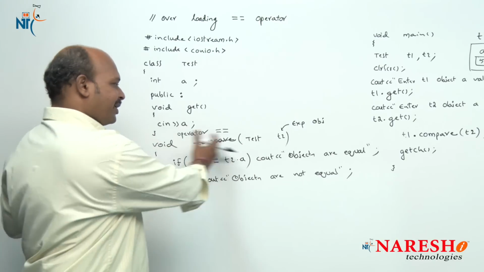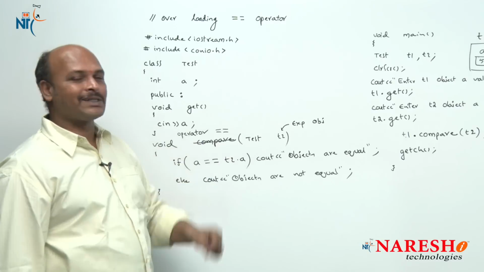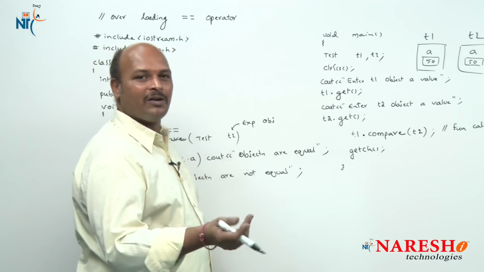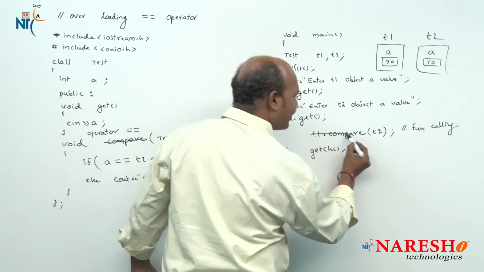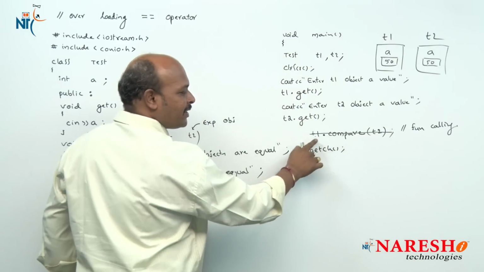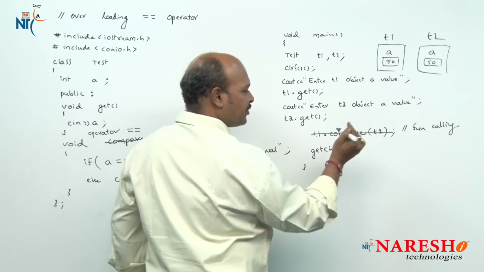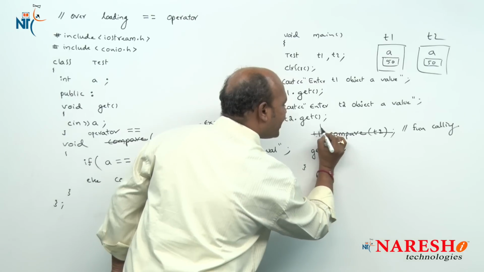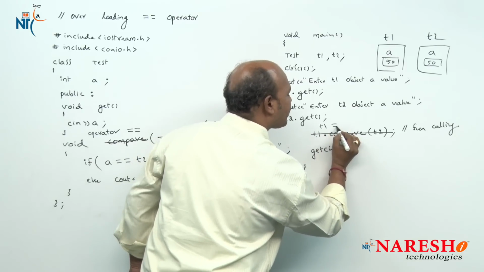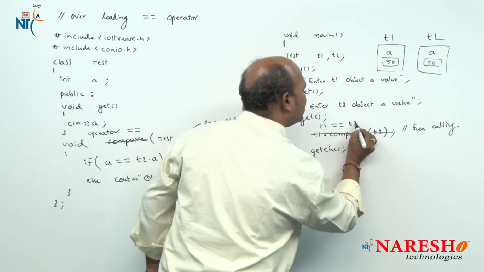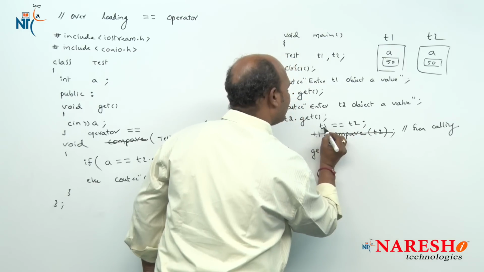Now that is the definition. Next is the calling. How to call? In place of this one, on the left side the T1 object, on the right side T2. That is why here simply T1 equal to T2 semicolon.